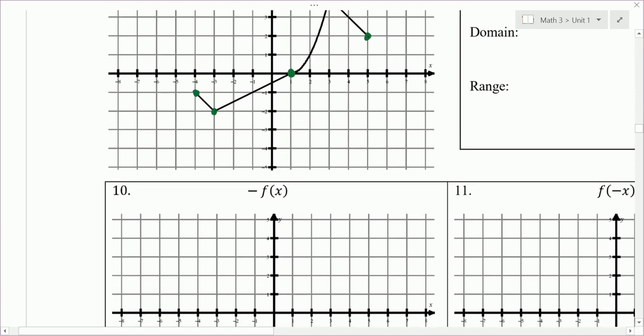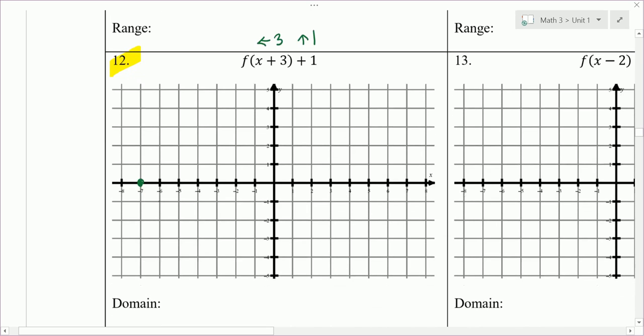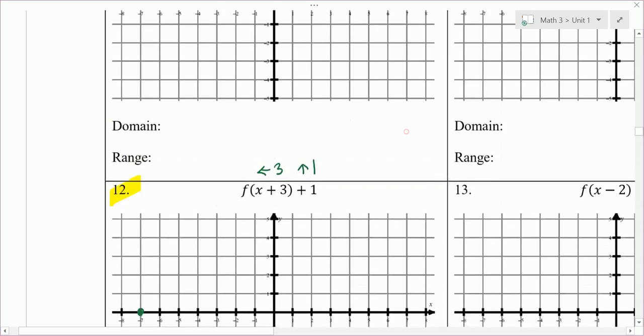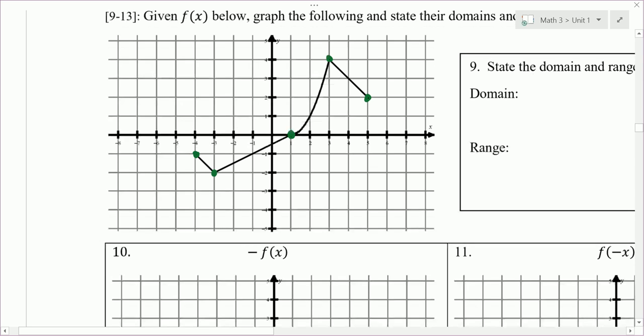I take the second point and move it left 3 up 1. I'm at negative 6, negative 1. I look at my third point, which is at 1, 0. I go left 3 up 1, I'm at negative 2, 1.